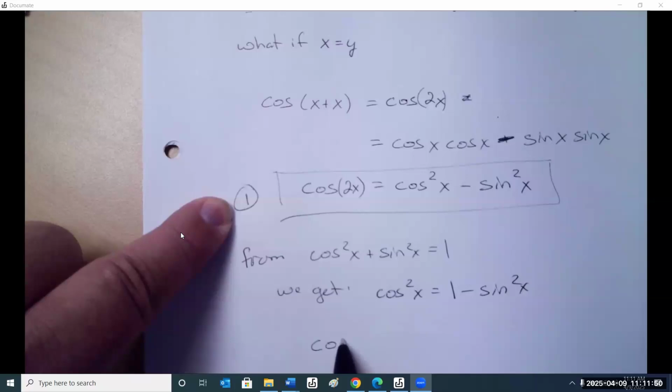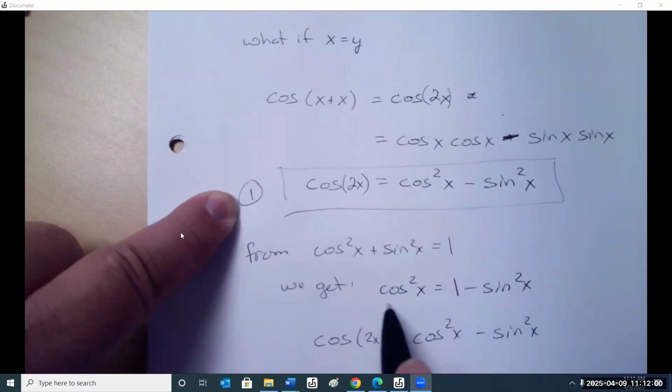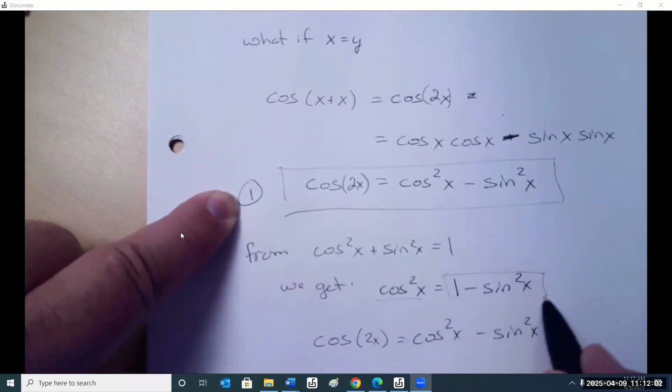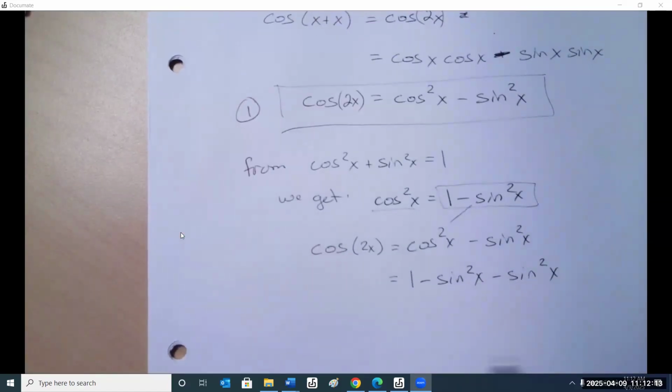So our cosine double angle is cosine squared x minus sine squared x, where cosine squared is equal to this. It's 1 minus sine squared x, which becomes 1 minus 2 sine squared x.